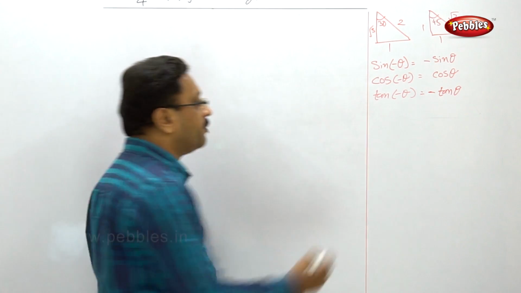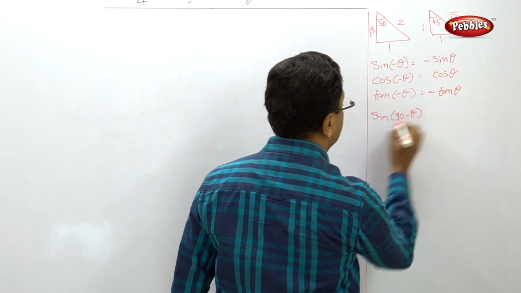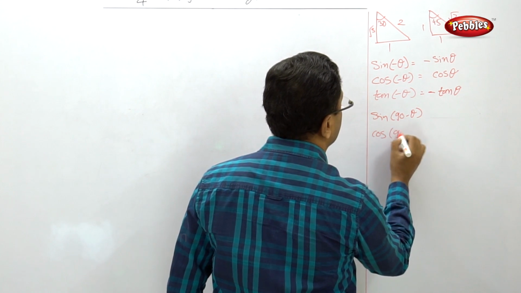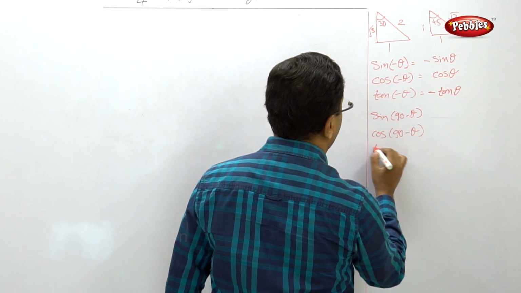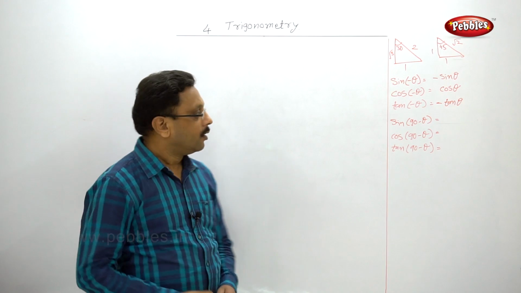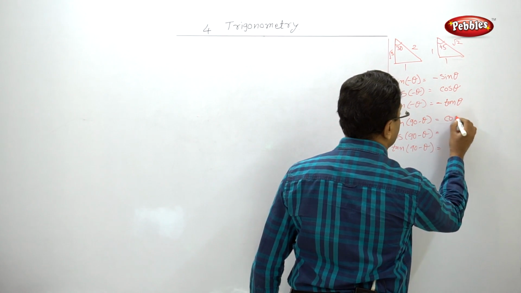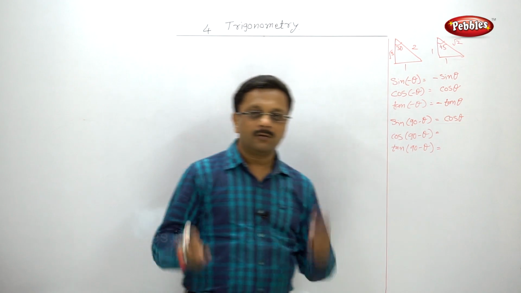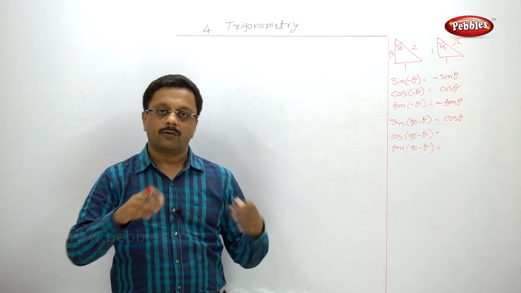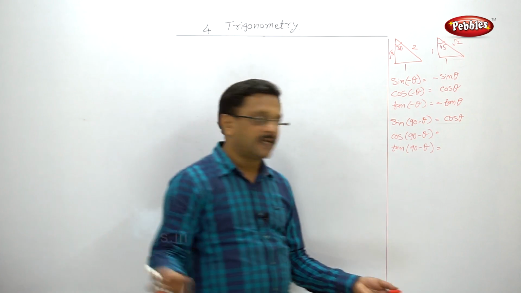Trigonometric ratio of complementary angle, that is sine 90 minus theta, cos 90 minus theta and tan 90 minus theta. So when sine 90 minus theta, this is equal to cos theta. We know sine cos, cos sine. So whenever sine 90 minus theta, cos theta. Cos 90 minus theta, sine theta.